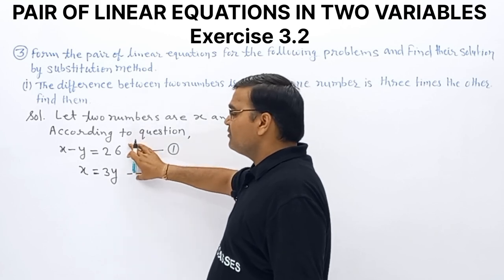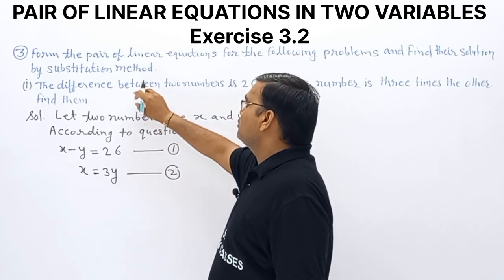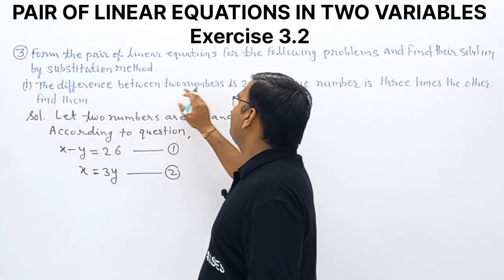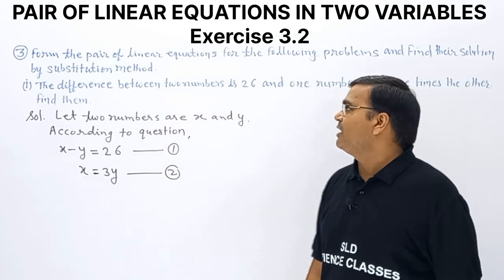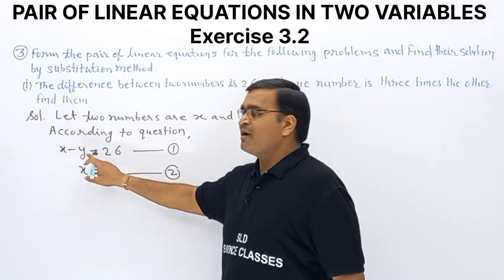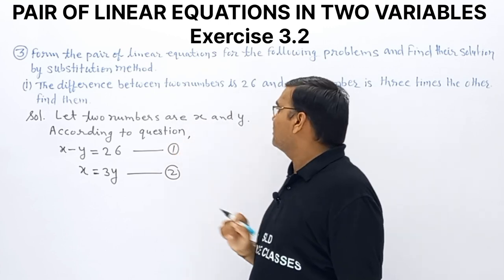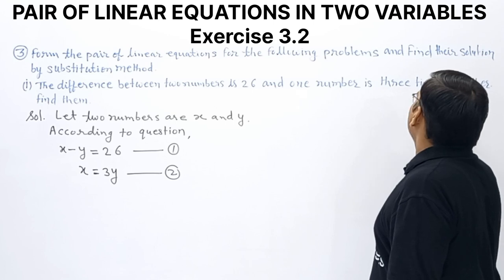How did we form these equations? By using the situation. The question says the difference between two numbers. We assumed the two numbers as x and y. Difference means x minus y is 26. This is the first linear equation in two variables. Another: one number is 3 times the other.